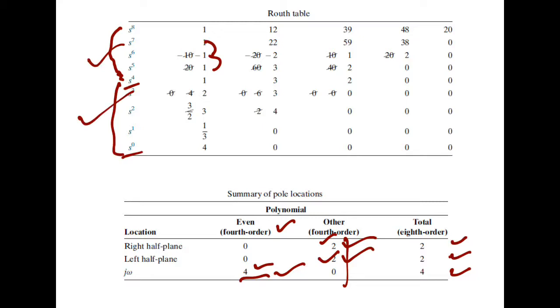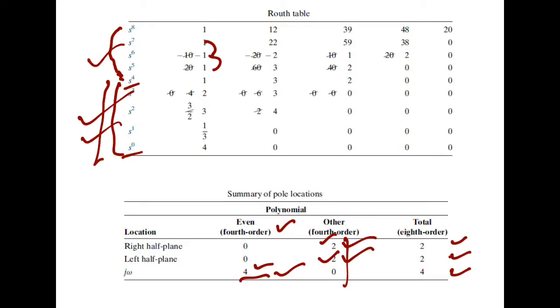Therefore, the number of sign changes from the even polynomial to the end of the table equals the number of right half plane roots of the even polynomial.